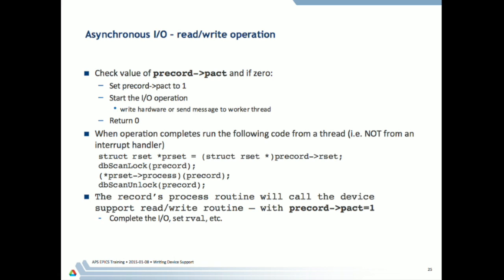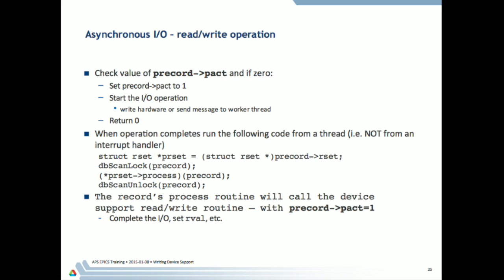Once the hardware has come back and you've got an interrupt to say it's done, you have to arrange to call the process routine of the record again, but from within a thread context, not from within an interrupt service routine. If you have a background thread that's doing the polling, that's fine. You can call this directly from there.